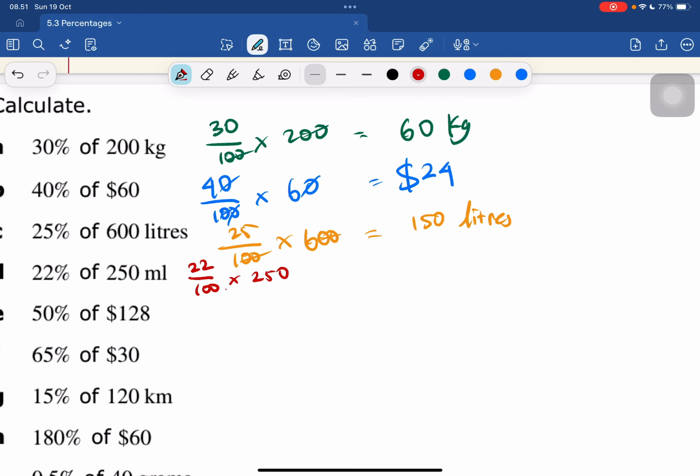So what can we do from here? Okay, by 100. So here 22 times 25 divided by 10, or let's make it 2 times 5. So 22 divided by 2 is 11, times 25 divided by 5 is 5. So the answer is going to be 55 milliliter.